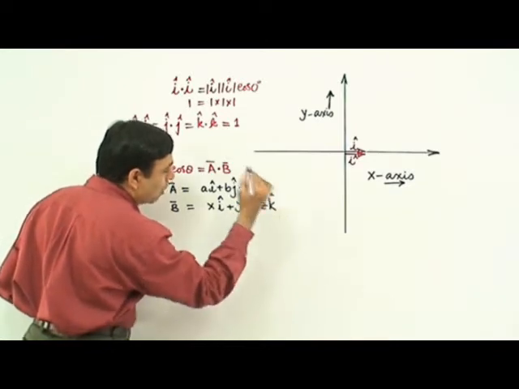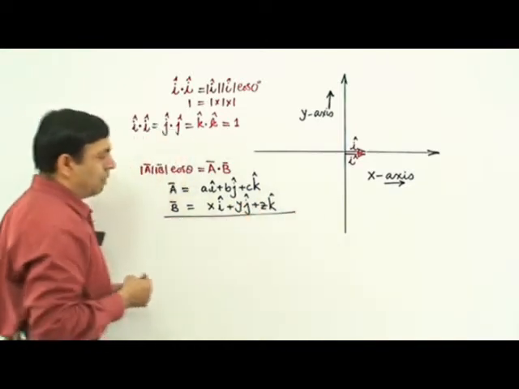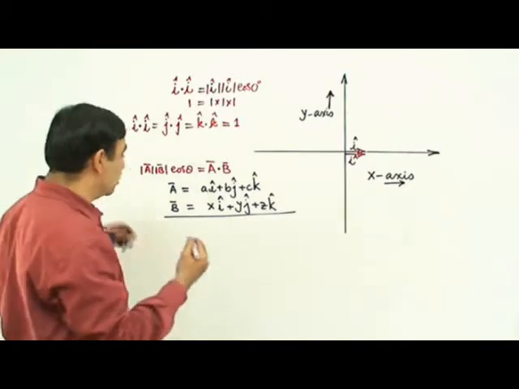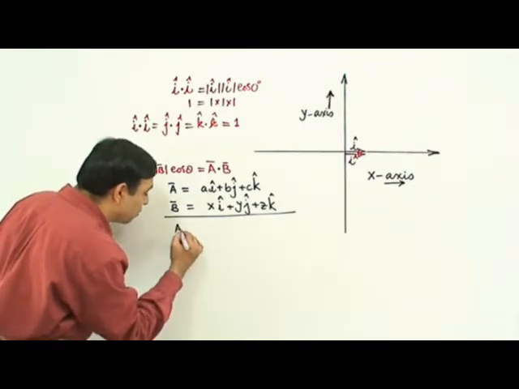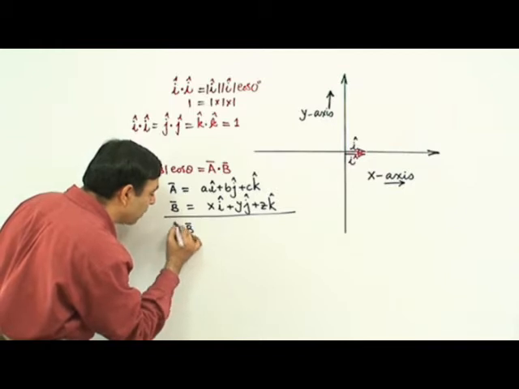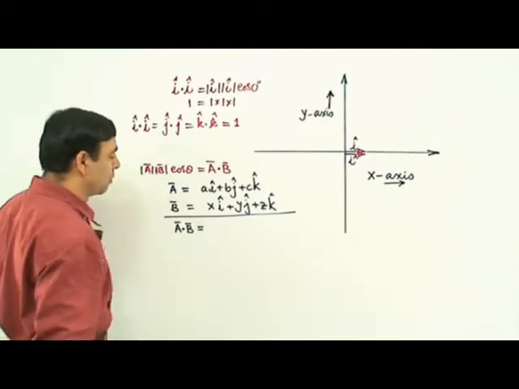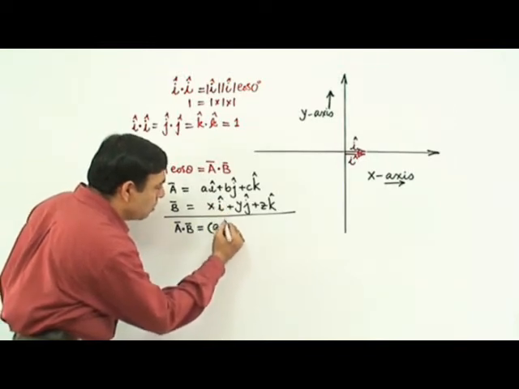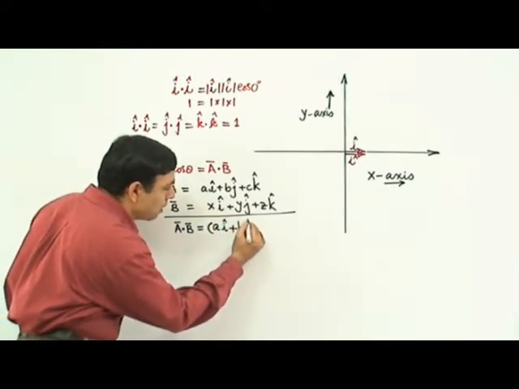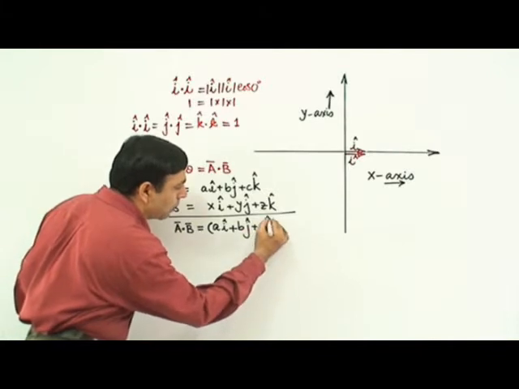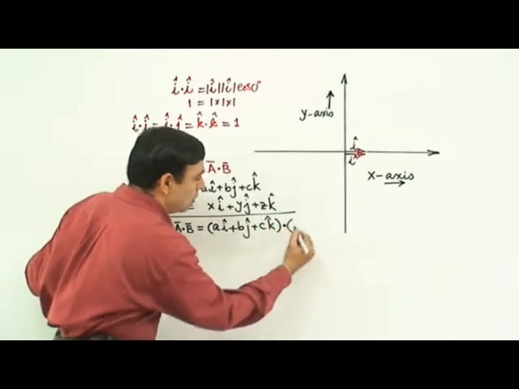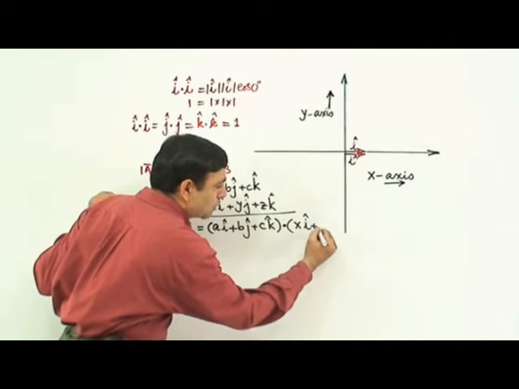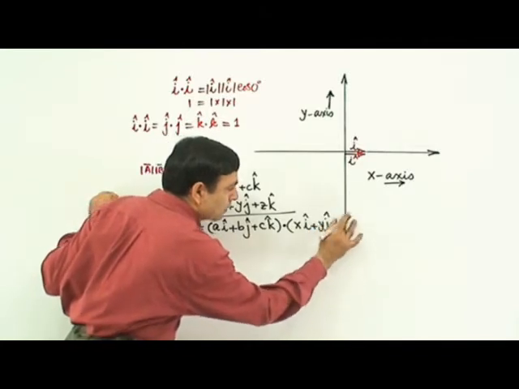Now what is going to be A dot B? I want to show you how many terms you are going to get here, how many of them are going to be non-zero and how many are going to be 0. So A dot B is ai plus bj plus ck dot xi plus yj plus zk.